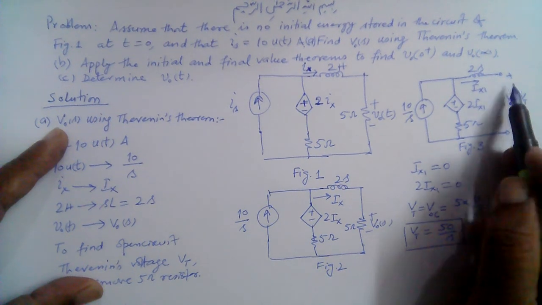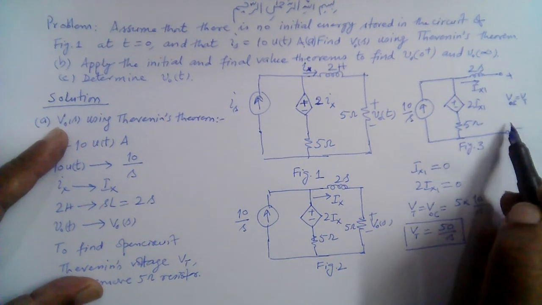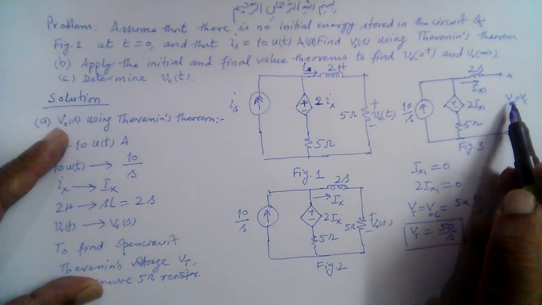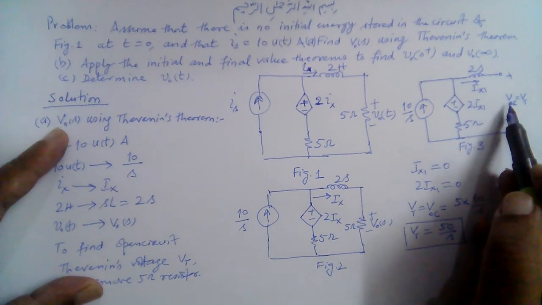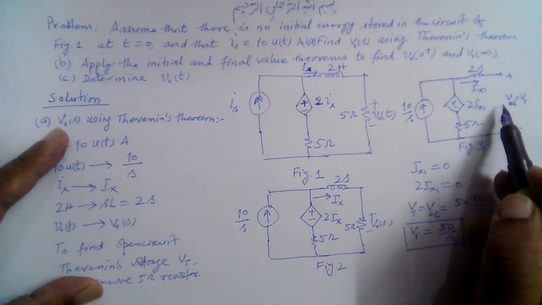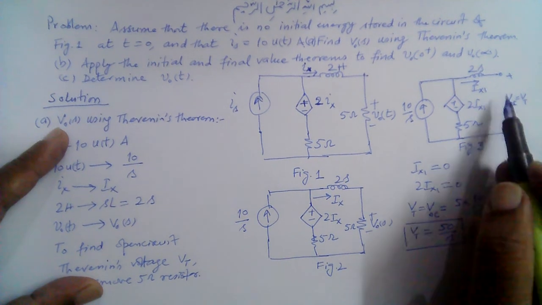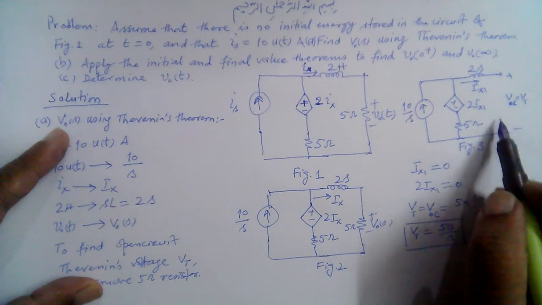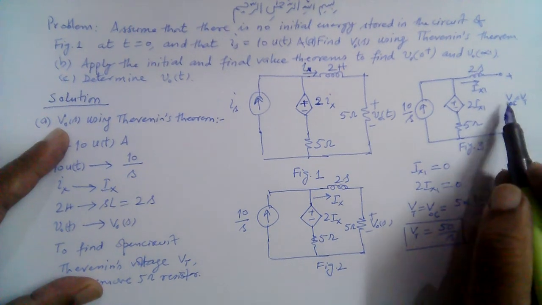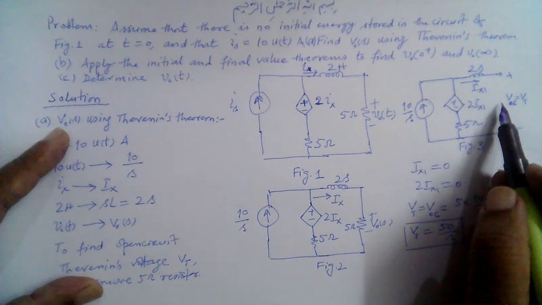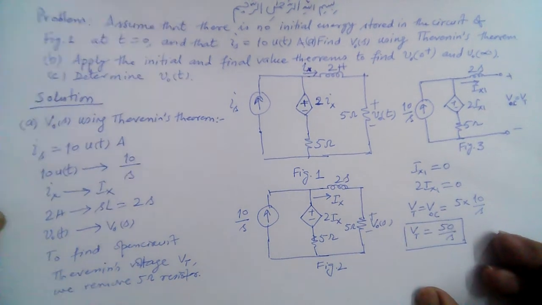If we apply a known voltage source here, then we find the current, and the known voltage divided by the current gives us the Thevenin impedance. Or if we apply a known current source here, for example 1 ampere, then we find the voltage across it, and the voltage divided by the current gives us the Thevenin impedance. So we can adopt any of these methods.